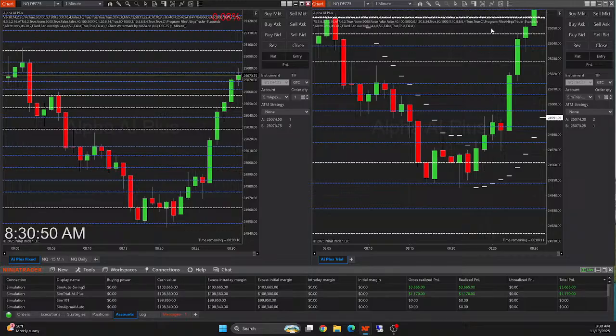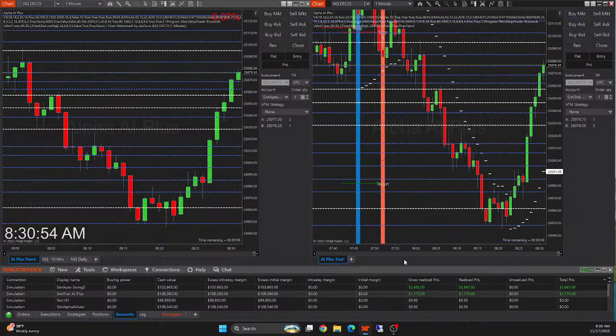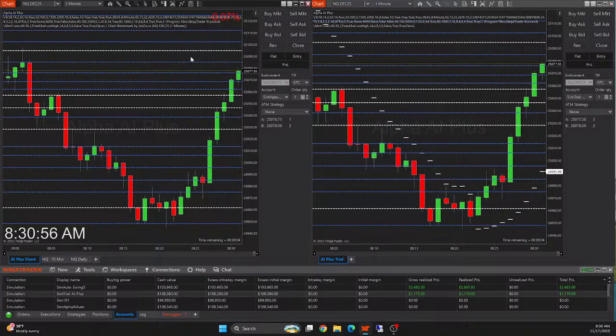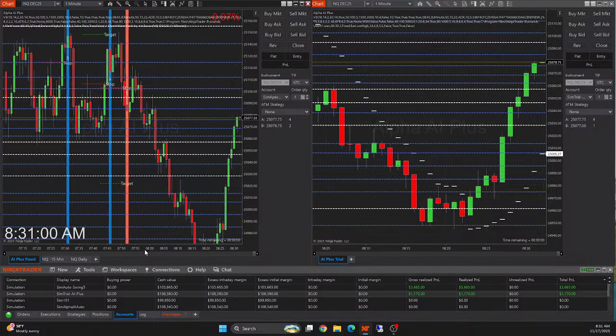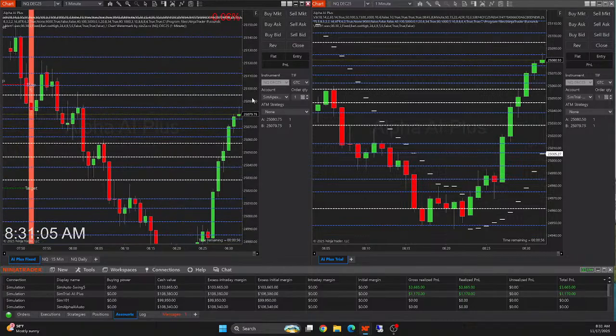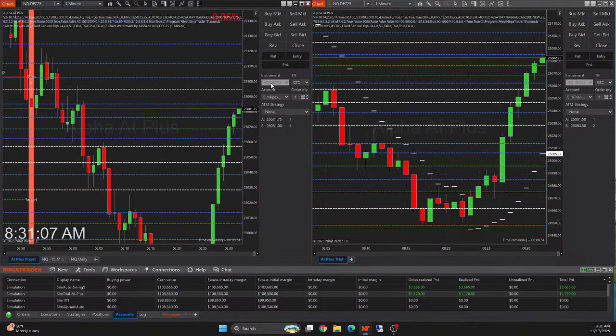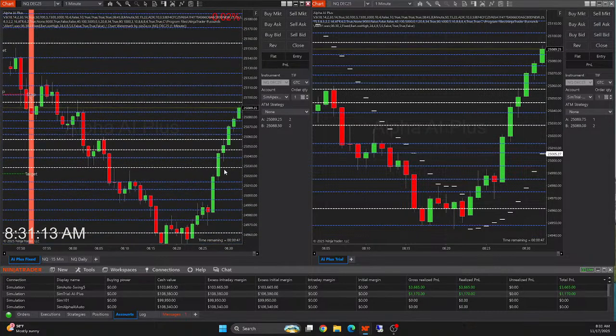That's a big move upside. We'll see. No more trades or what? A very solid move. I love this move when it happens like this. I don't really get any trades.